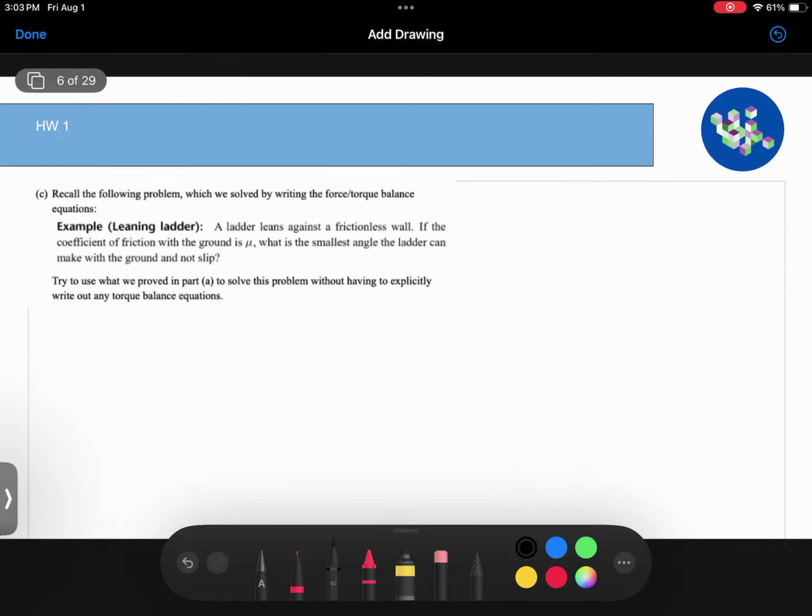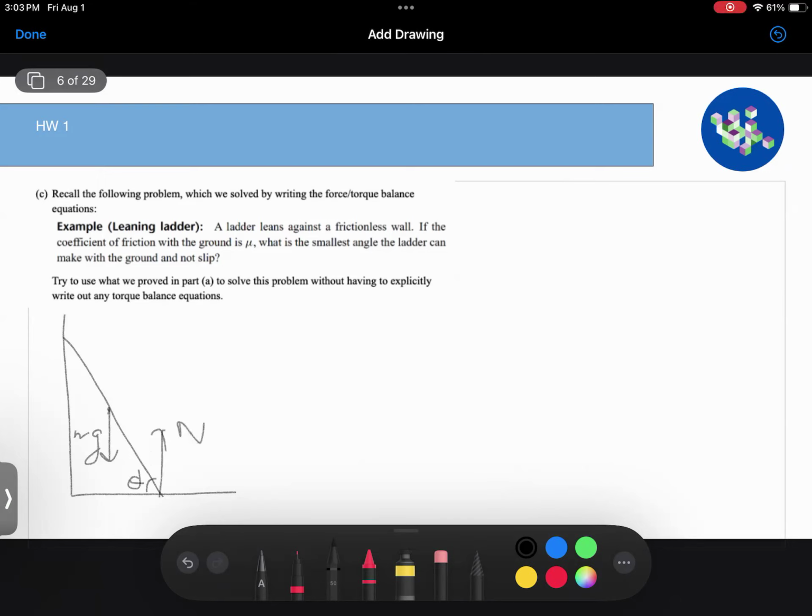So let's just make a drawing here. This will be our wall, and this is our ladder, and it makes an angle of theta. Then let's draw our forces again. I'm pretty sure everyone knows how to do this, so I won't call on anyone for the sake of time. That's the gravity force.